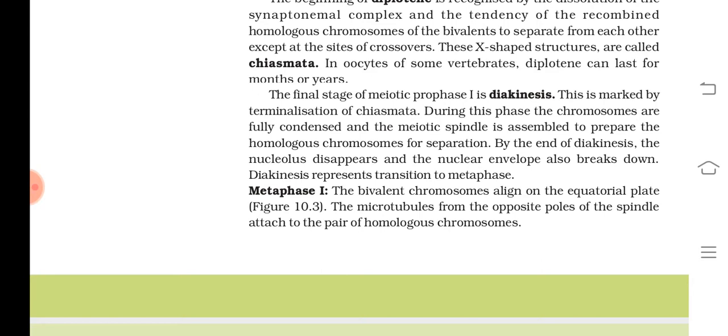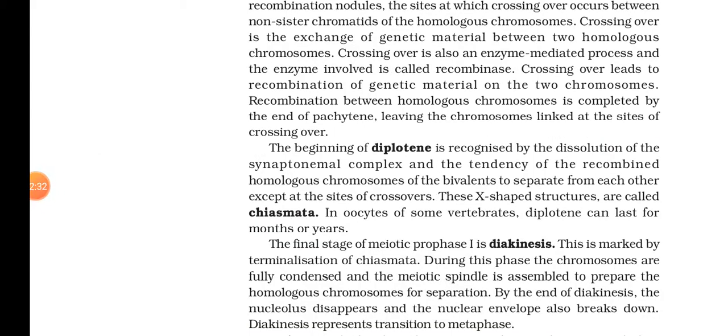That kind of chromosomes are known as homologous chromosomes, and they pair during the sub-stages of prophase 1. There will be an exchange of genes between the non-sister chromatids of homologous chromosomes, known as crossing over, and the places where they cross over are seen as bands known as chiasmata.